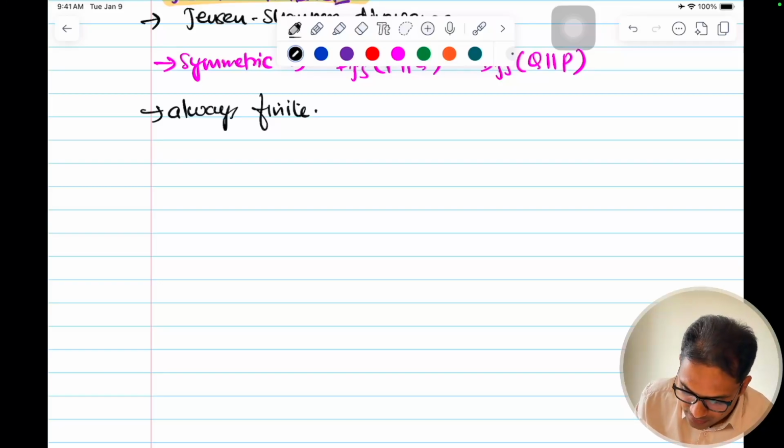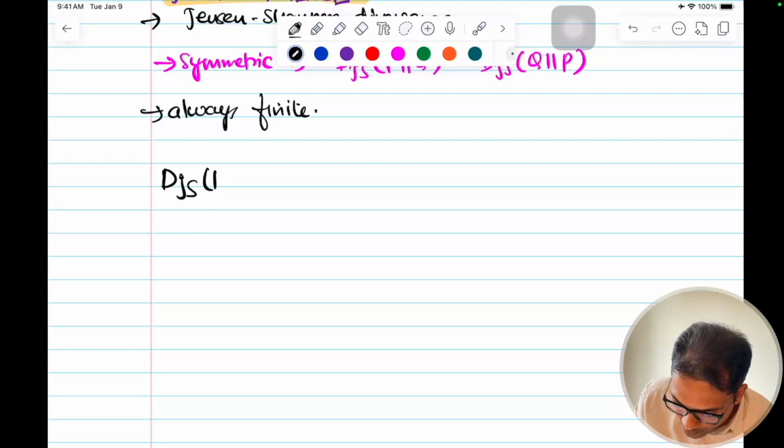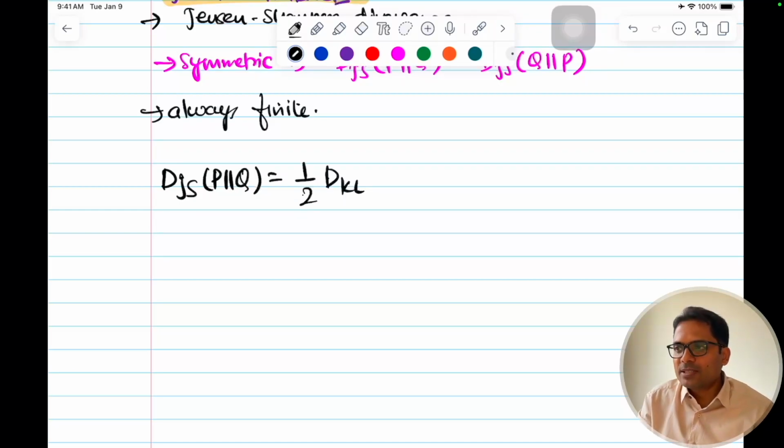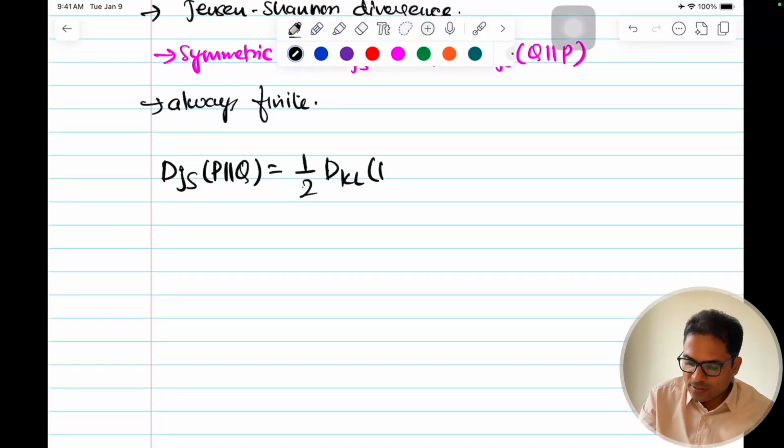So let's define it. D_JS of P and Q is equal to the average of KL divergences: half D_KL of P given M, plus half D_KL of Q given M. This is just an increment over KL divergence.